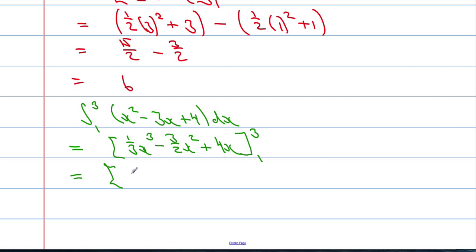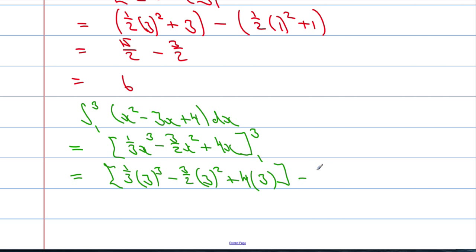Okay, so we're going to get 1 over 3 times 3 cubed minus 3 over 2 times 3 squared plus 4 times 3.